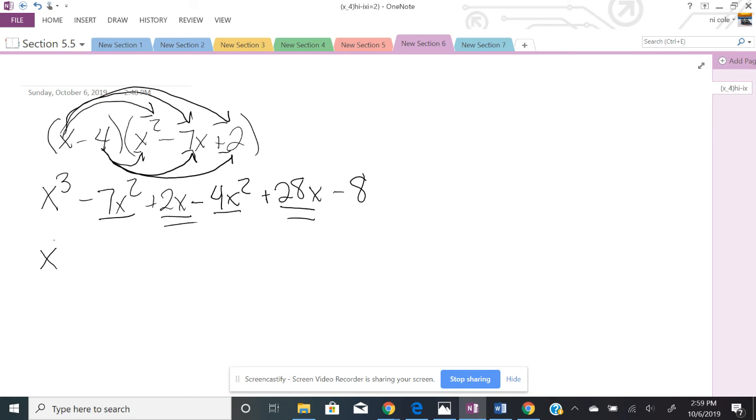So I have x cubed, and then I have negative 7x squared minus 4x squared gives me minus 11x squared. Positive, and I really do cross them off when they get big like that, so I can make sure I covered everything. Then I have 2x plus 28x, so that gives me plus 30x, and just leaving me with minus 8.